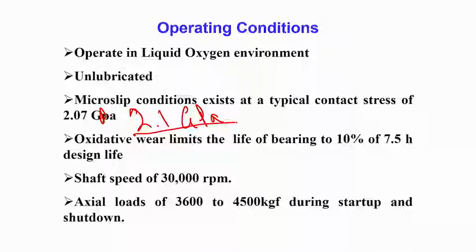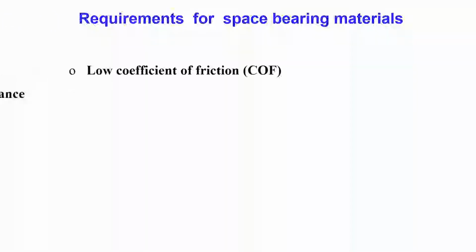And oxidative wear limits the life of these 440C bearings, and the typical shaft speed at which the sliding takes place is 30,000 RPM. 30,000 RPM is an extremely high sliding speed, and there are axial loads somewhere around 3,600 to 4,500 kilogram force during startup and shutdown.